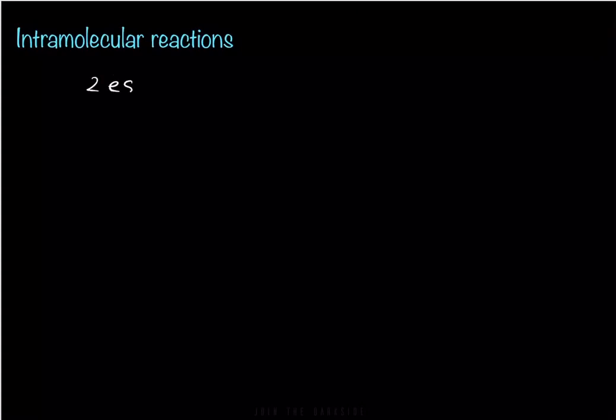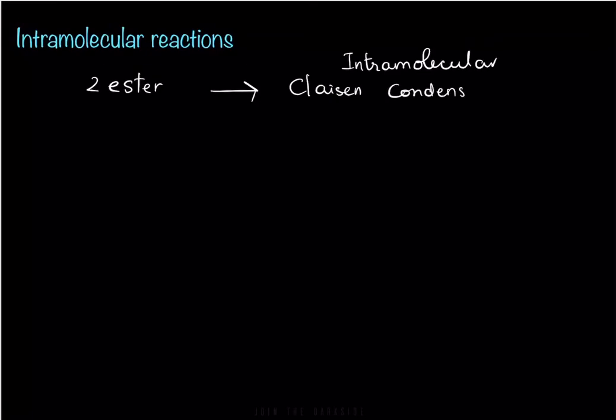So when the molecule has two ester groups present, it's going to undergo intramolecular Claisen condensation. And this particular reaction is also called Dieckmann condensation.